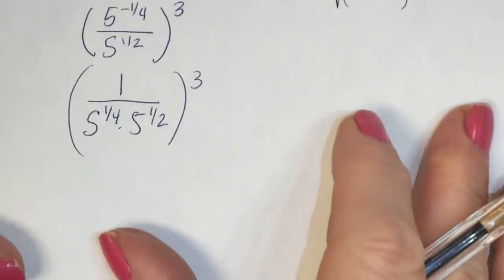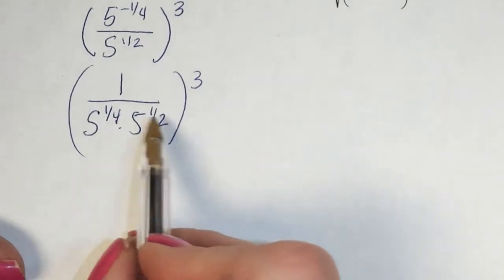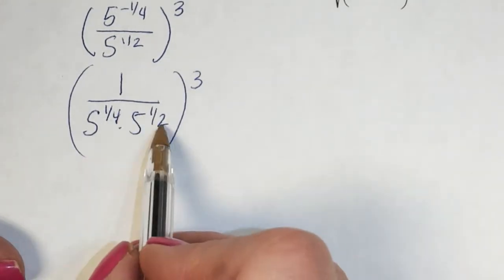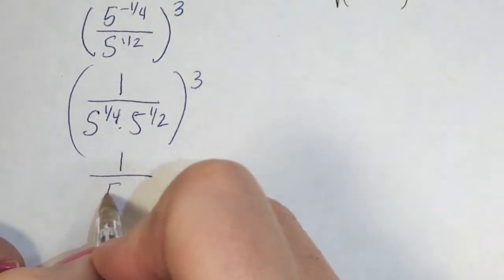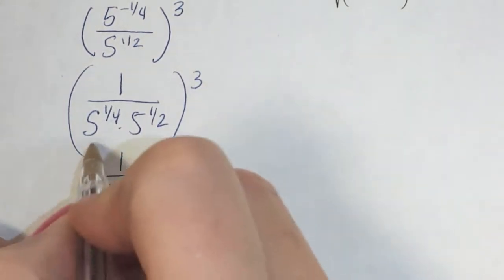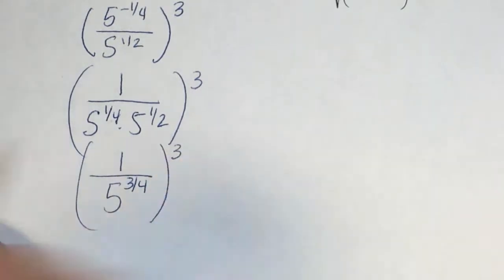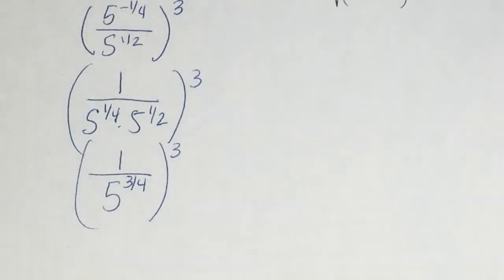So she's doing this because she said she's going to add 1/4 and 1/2. What is 1/4 and 1/2, guys? 3/4. So now I have 1 over 5 to the 3/4 cubed.